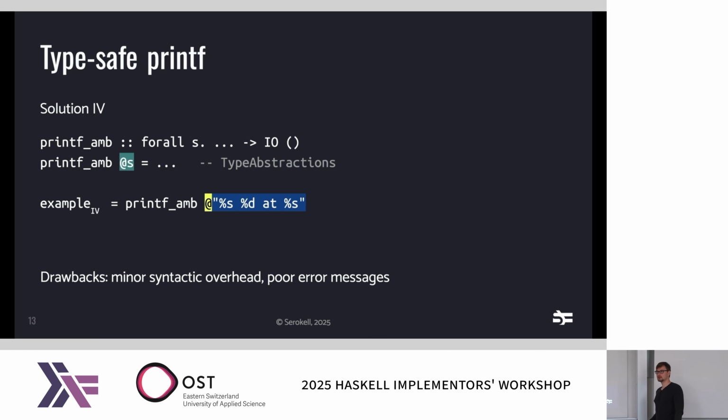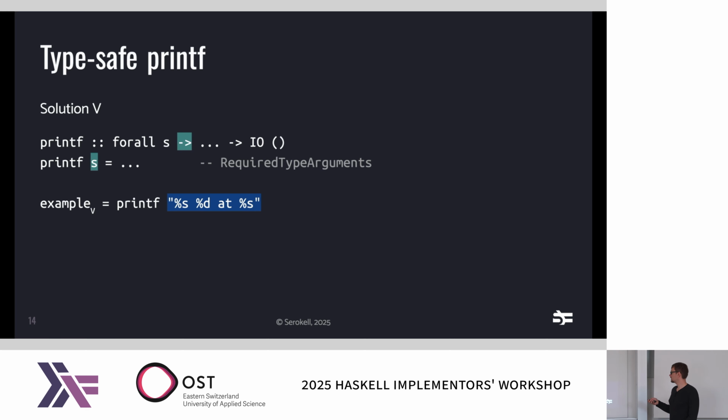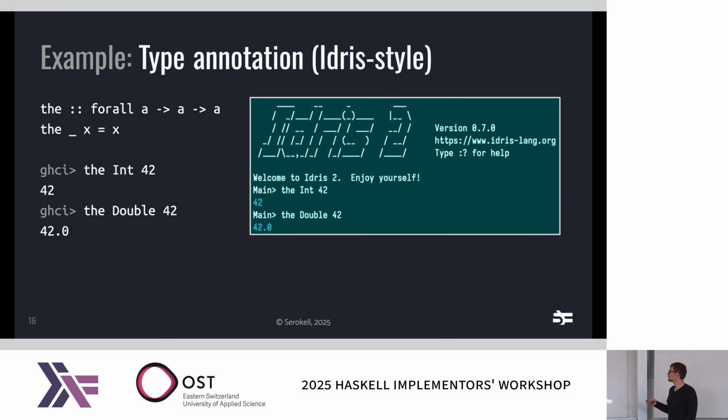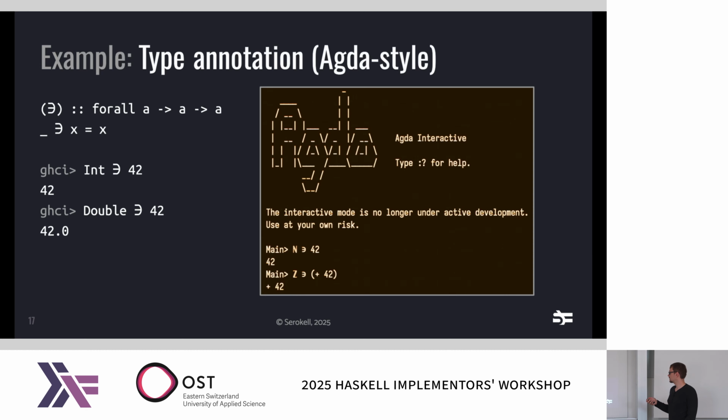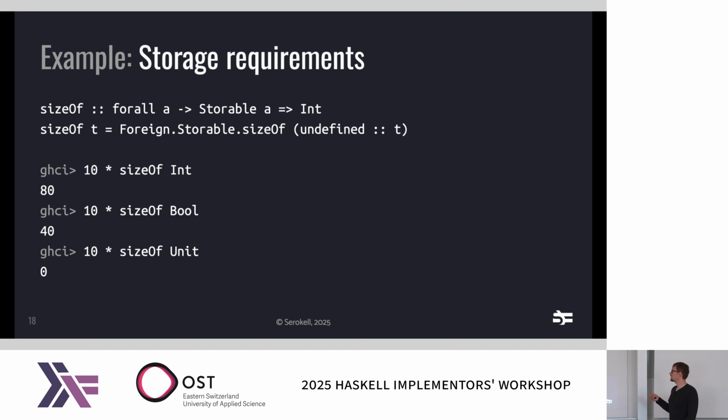So the majority of your examples had a binder on the left-hand side of a required type argument, and then on the right-hand side it could be used inside a type annotation, like in this one.